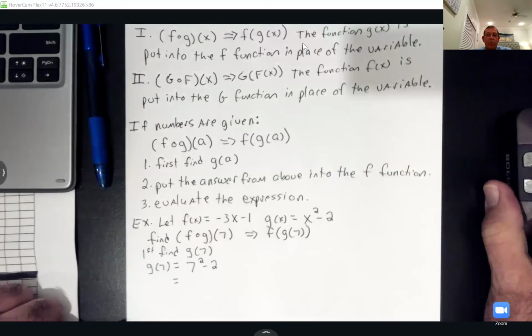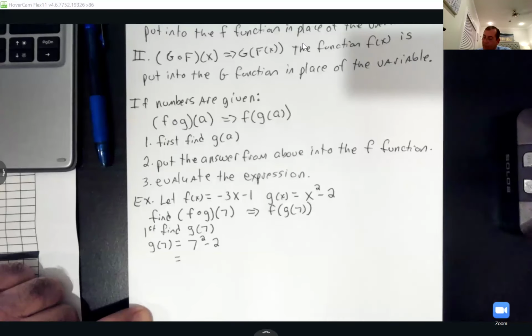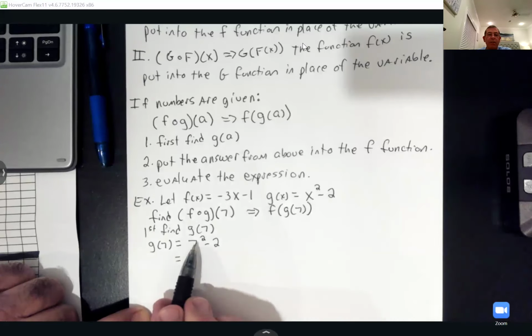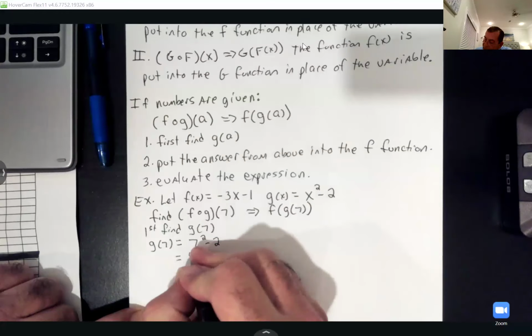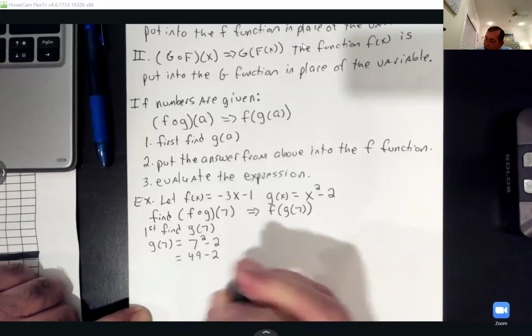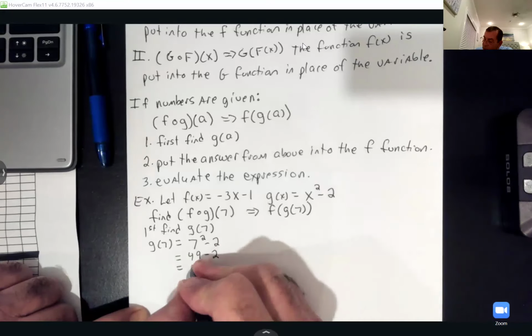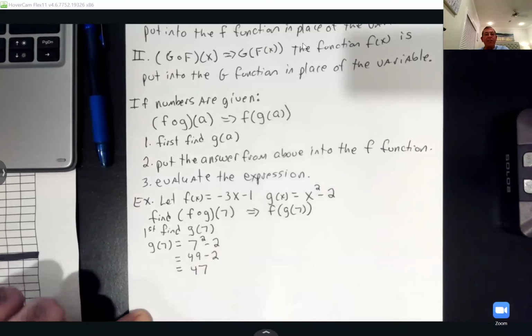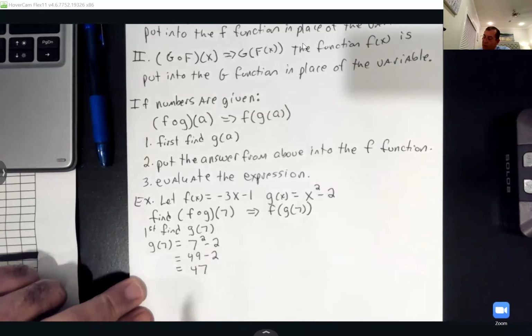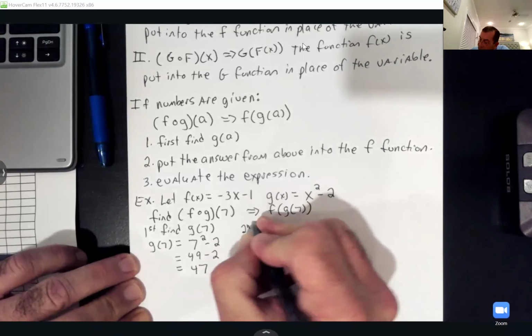All right, so we're just going to play with order of operations. Exponent first. 7 times 7 is 49 minus 2, which means g of 7 equals 47.